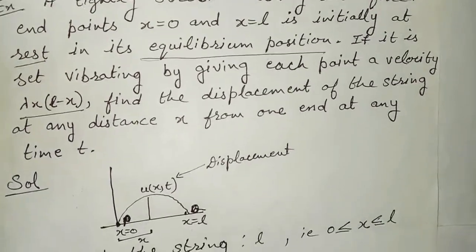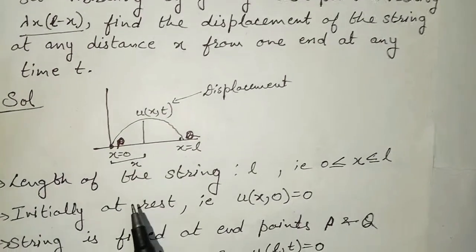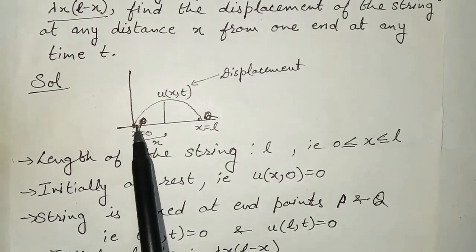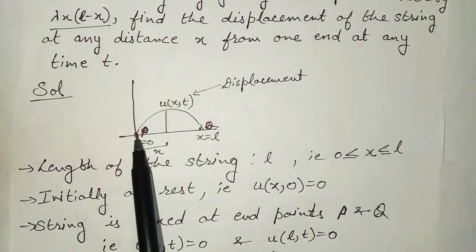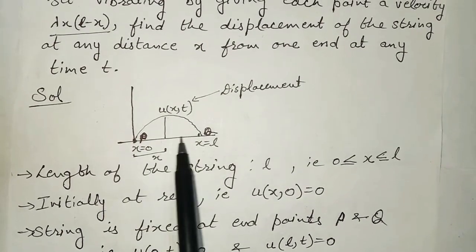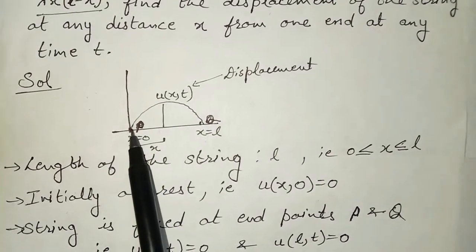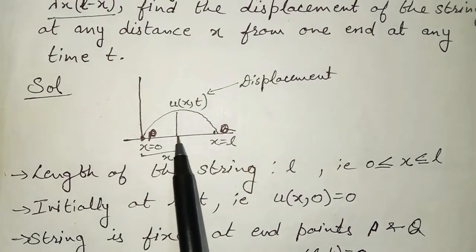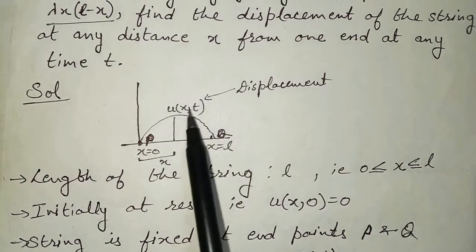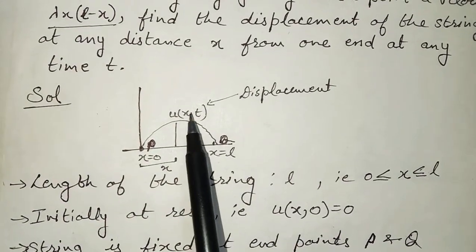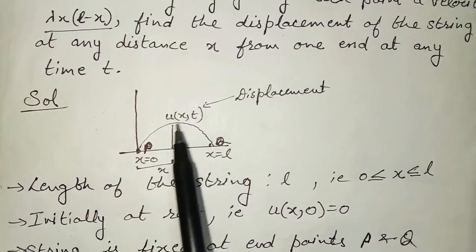So here I have drawn the diagram for this problem. So initially the string is at this position, PQ, the initial position of the string. And u(x,t) is the displacement. It means this is the position.